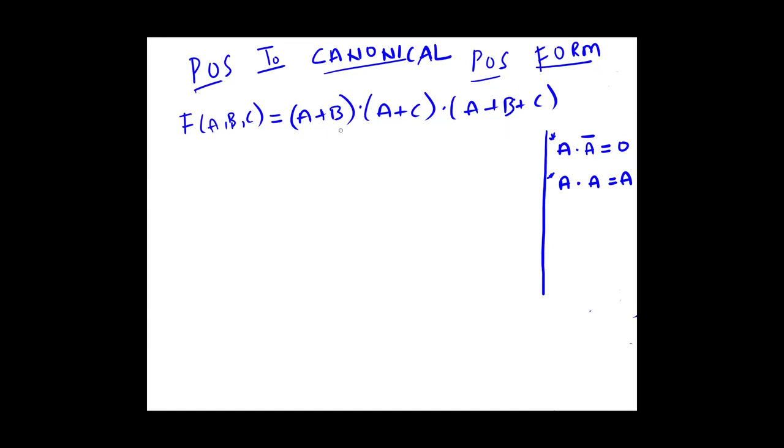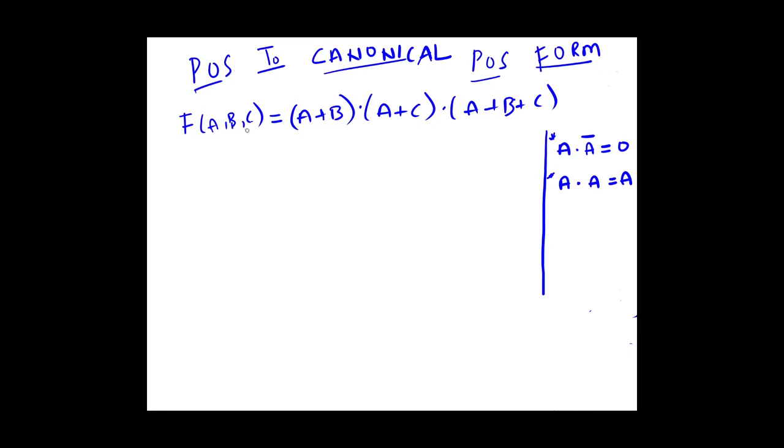In the overall expression, if you find only A and B, only 2 variables, that means this is a 2 variable expression. If you find only 3 variables, for example in this you can see A, B, in this you can see A, C, in this you can see A, B, C, then you can say the variables used in this expression are only A, B and C. That means this is a 3 variable expression. Whereas if anywhere you have D, that means this is for 4 variable.